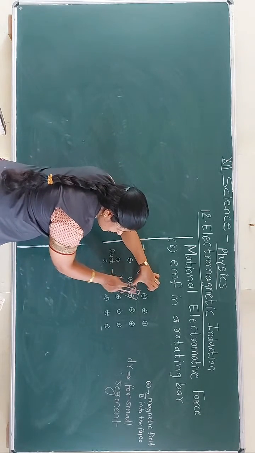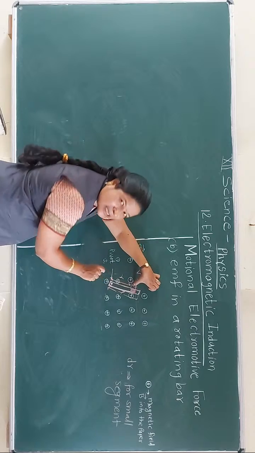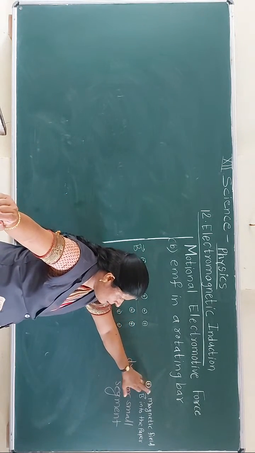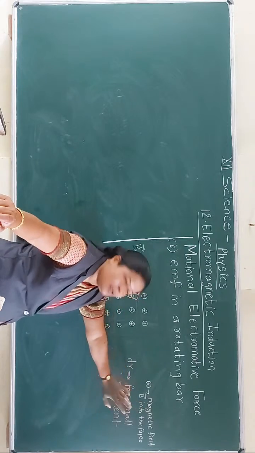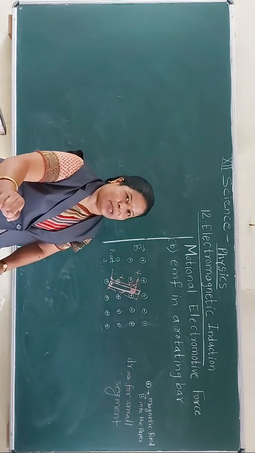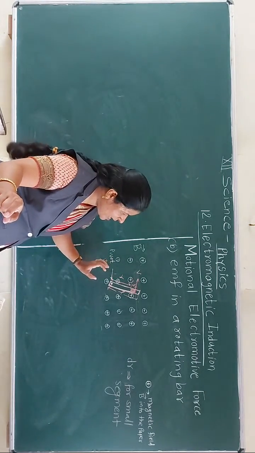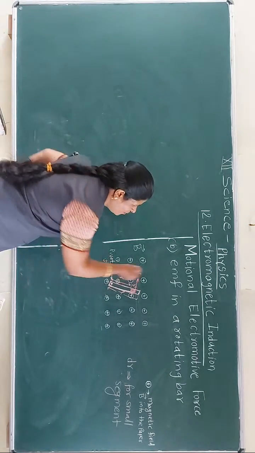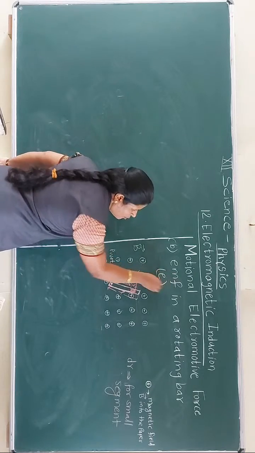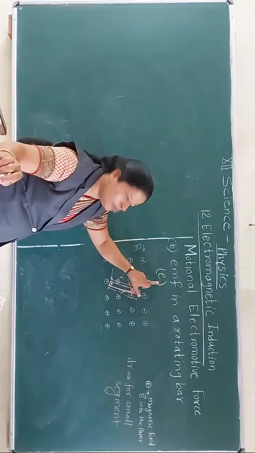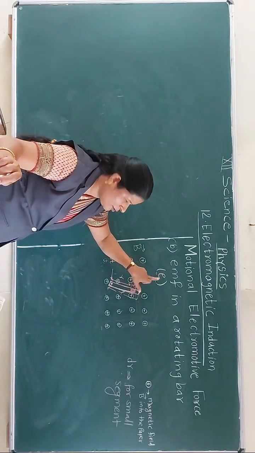From the small segment, this distance is r, and the circle with a plus is the magnetic field B into the paper. In this rotating bar, we have to find out the value of E, the electromotive force.